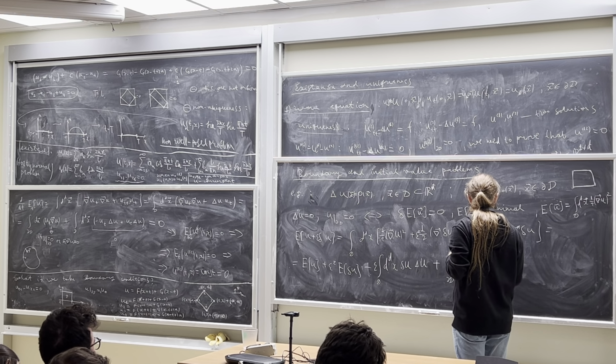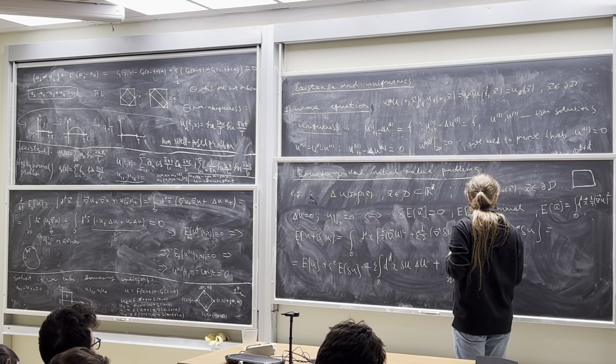Delta u is just some arbitrary function. We want to take a variation of u with an arbitrary function.